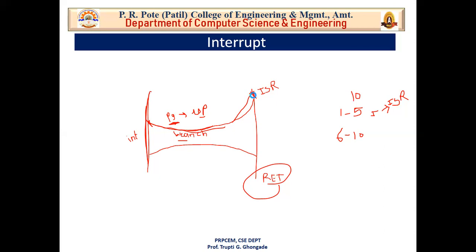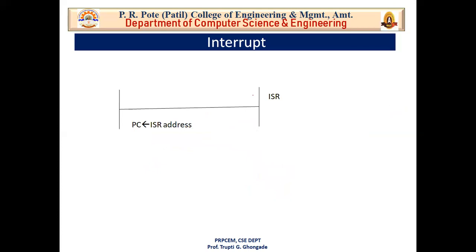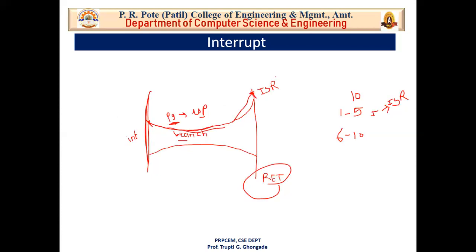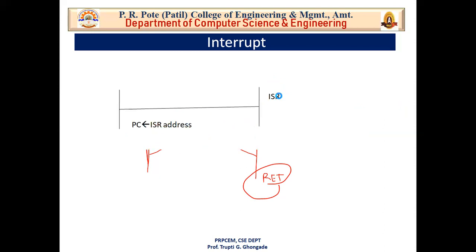Now let's see. Your PC will get the interrupt service routine address. You have to go to the interrupt service routine, but this routine also has some address. So PC gives the address of the next instruction, and you want the next instruction to be fetched from there.